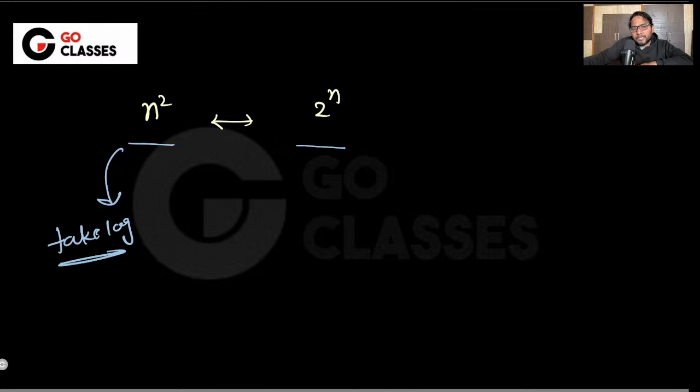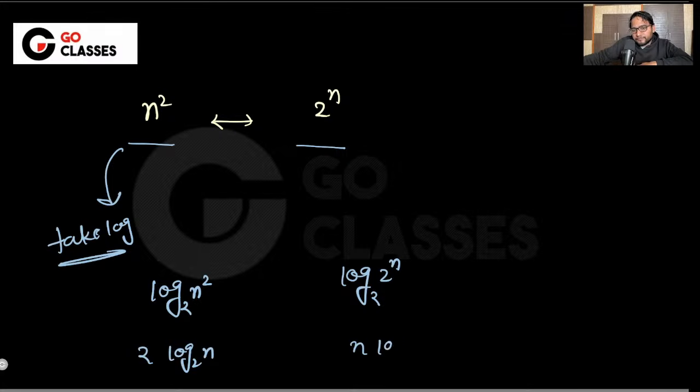So here, if you take the log, this is log of n square, and this is log of 2 power n, right? Let's suppose I take the log base 2. Now listen carefully. After taking the log, you get n on one side, and on the other the most significant term is log n.